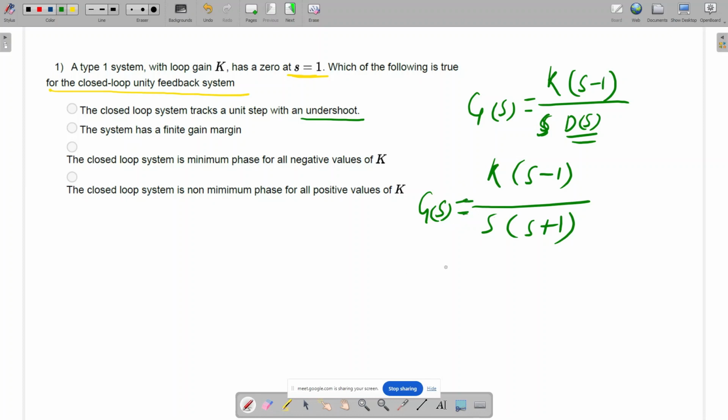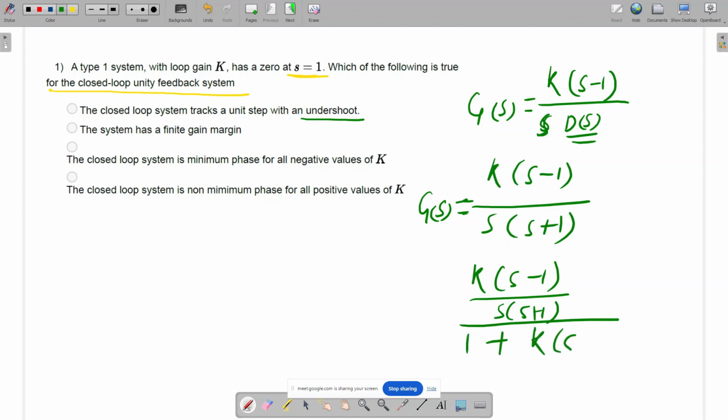If we apply unity feedback, the final transfer function will be g by 1 plus g, that is 1 plus k (s minus 1) divided by s into (s plus 1) in the denominator.